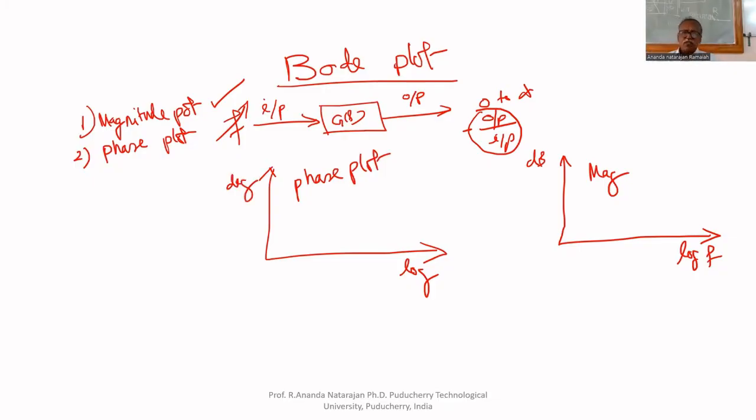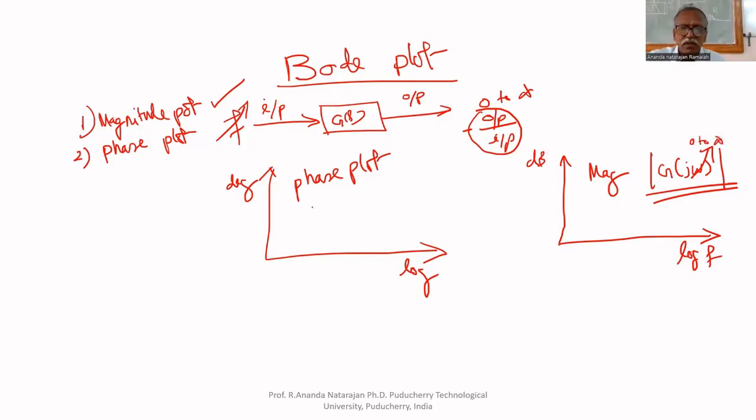Phase plot is in degrees. So there are two plots: one is the magnitude plot, another one is the phase plot, as frequency varies from 0 to infinity with constant input magnitude. If you assume it as unity, the magnitude plot is modulus of G of j omega, as omega varies from 0 to infinity.